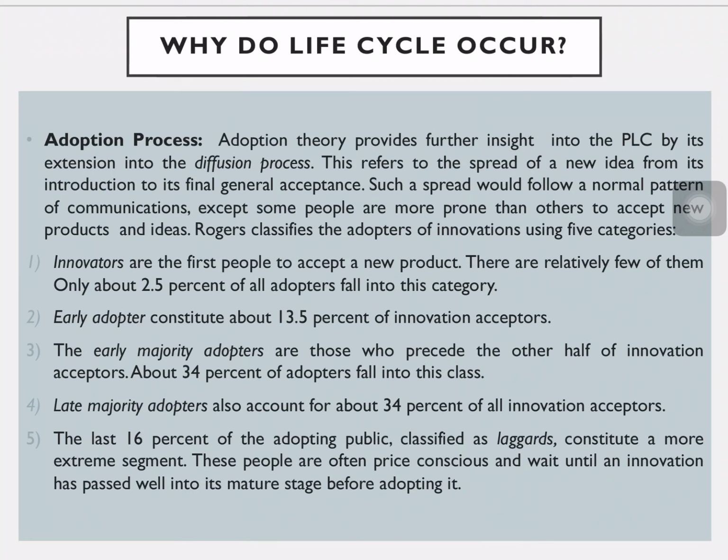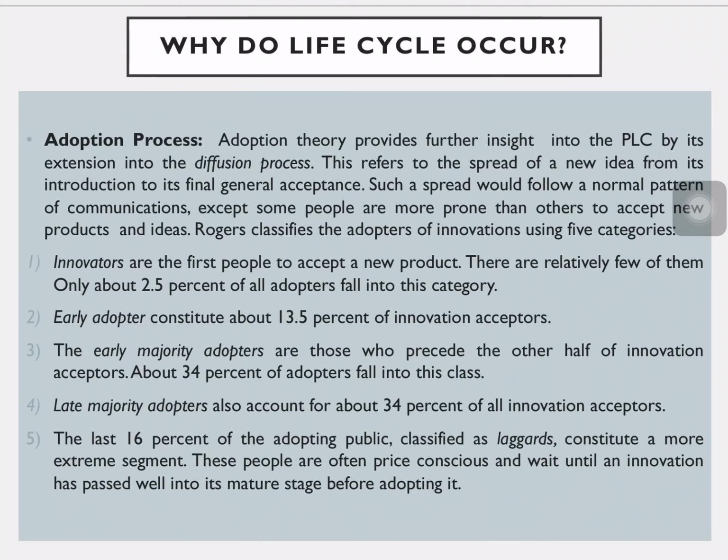Adoption theory refers to the spread of a new idea from the introduction to the final general acceptance. Adoption theory provides further insight into the PLC by its extension into the diffusion process. It is also known as the diffusion process. Such a spread would follow a normal pattern of communication, except some people are more prone than others to accept new products and ideas.